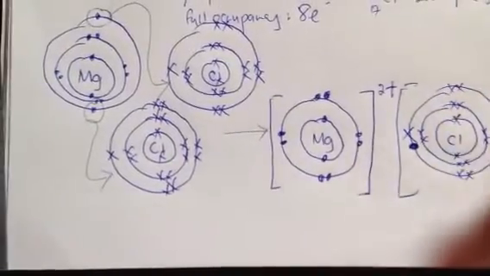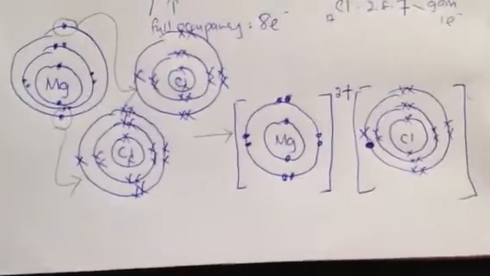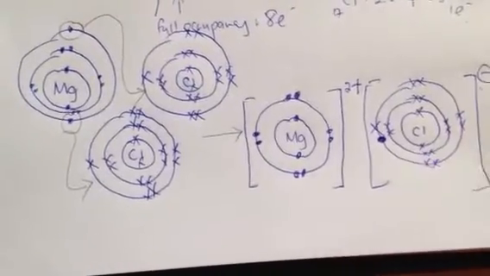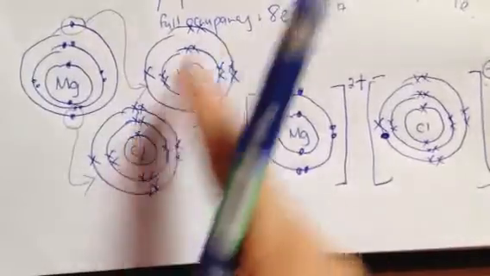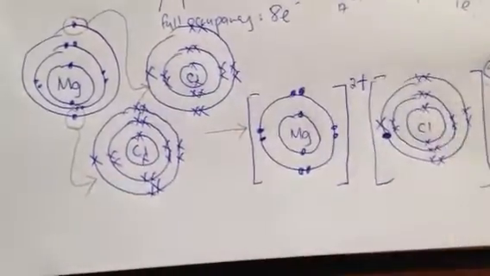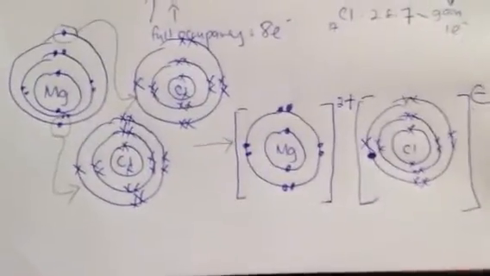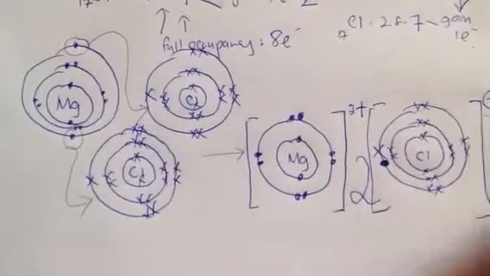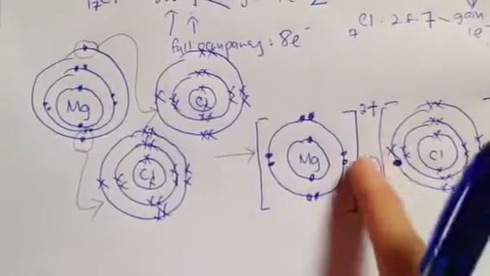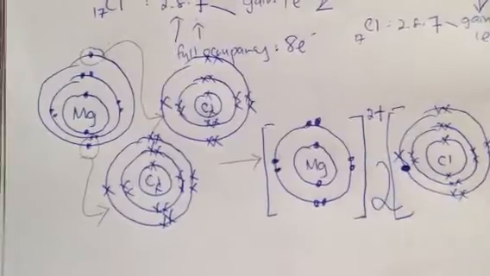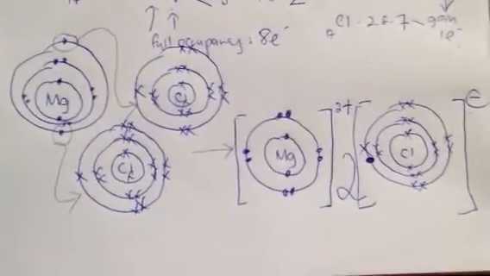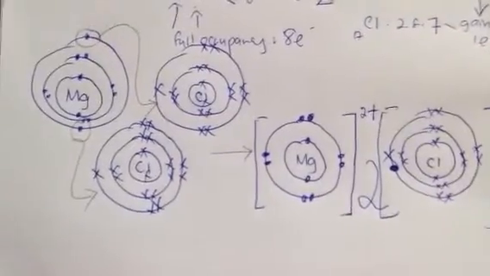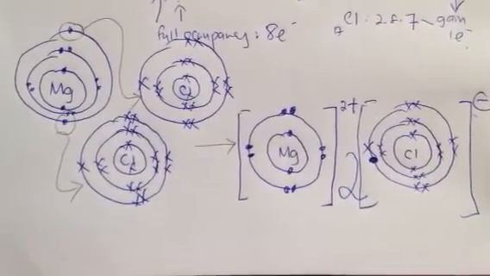After gaining 1 electron, it will have a charge of minus 1. And you have two chlorine atoms here, so once it forms an ion, there will be 2 chloride ions. So you do not have to draw 2 of these. You can do a shortcut by writing an integer 2 in front of the chloride ion. And there you go. This is how you would draw the formation of an ionic compound using a dot and cross diagram.